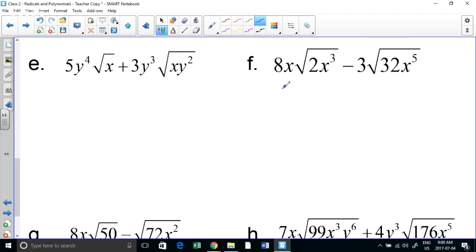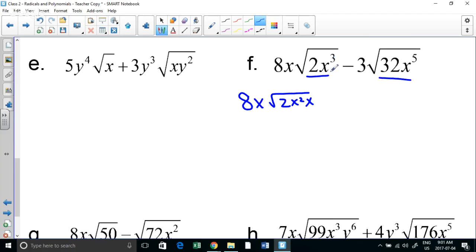Okay, so let's take a quick look at this together. As of right now, our bases, or our radicands, are not identical. And it's possible that even after manipulation, they won't be identical, but we have to check. So this one can be written as 2x squared times x.